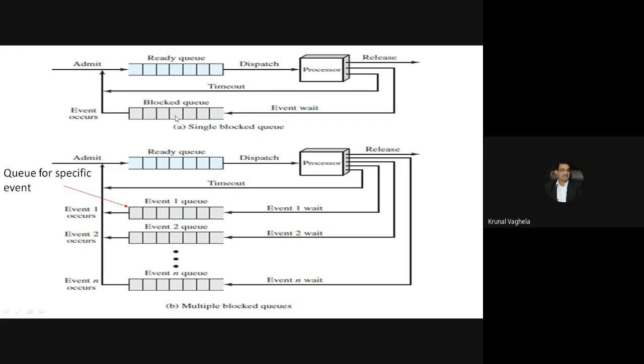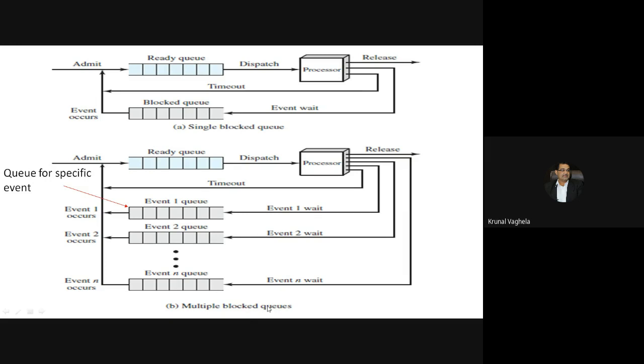Now this patient went for MRI, but MRI took time, so this patient is still waiting for MRI. Once the MRI is ready, the patient will also wait for the doctor, right? But there is a single queue of all the patients: MRI patient, blood test patient, urine test patient, X-ray patient. Every patient is sitting, and whatever event occurs, the patient will go to the queue and wait for the doctor. But here, multiple block queues.